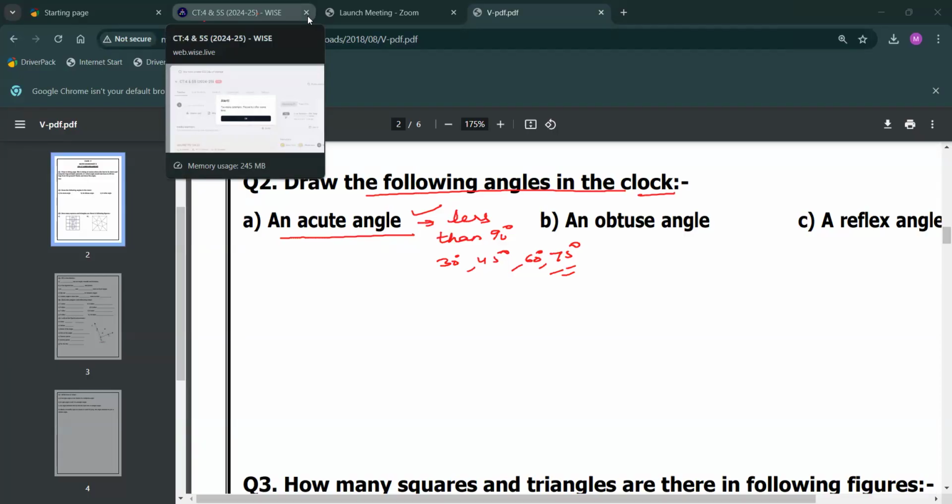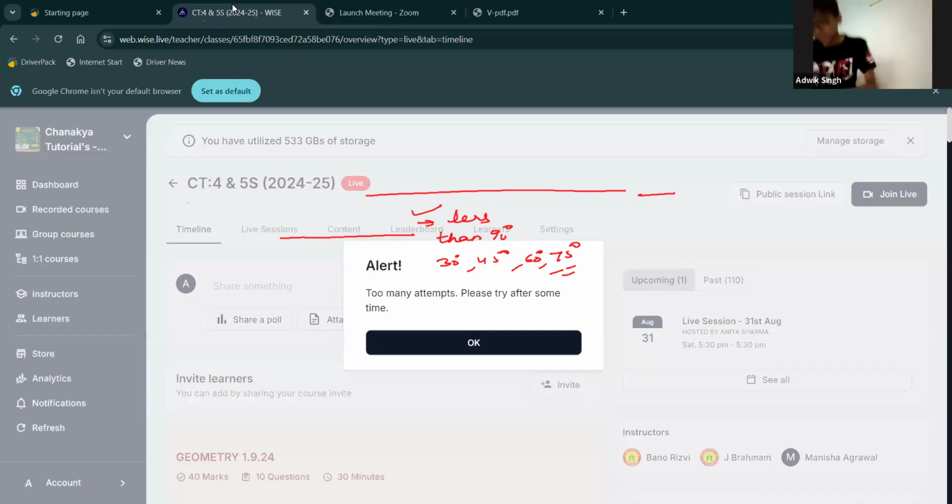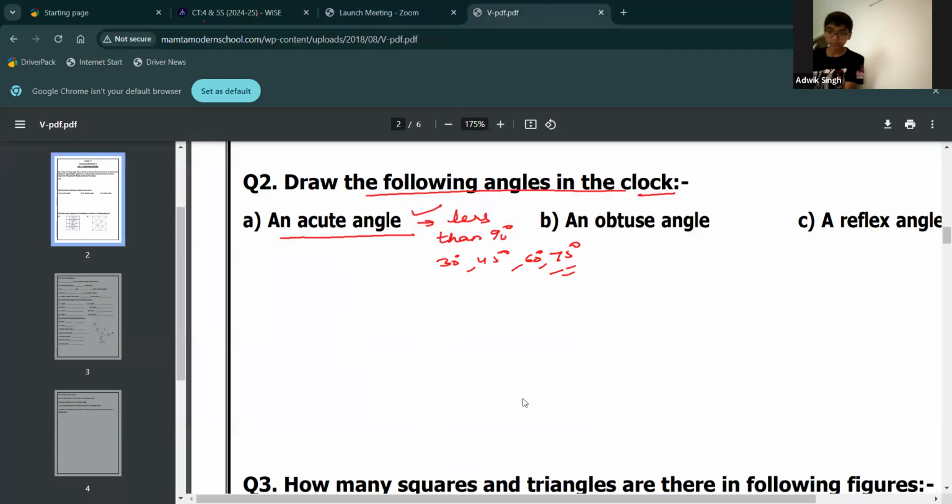Draw a circle. Okay, ma'am. Draw a circle, Chiranjay.